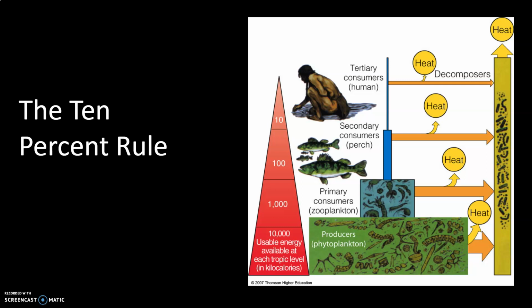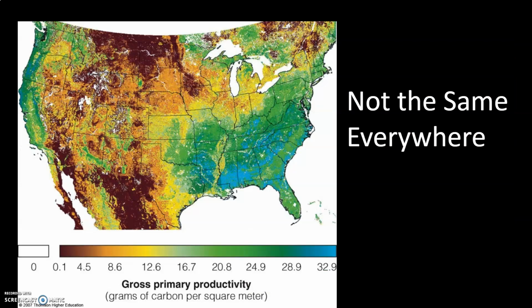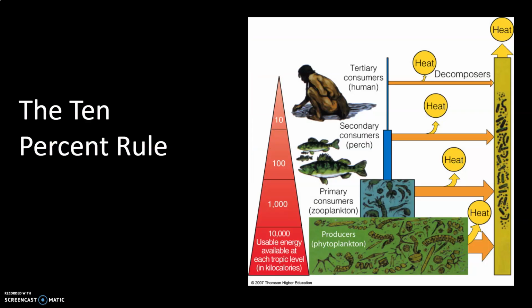It's not very efficient. The other 90% is lost pretty much through just biological activities, heat, respiration. All of those things are an energy loss. So you only actually are able to keep about 10% of the energy that comes in. And we'll add some definitions, I think, to that eventually in here.